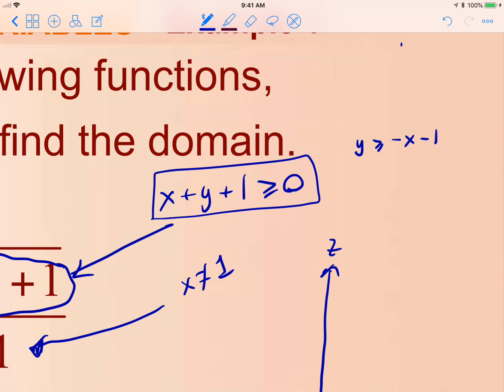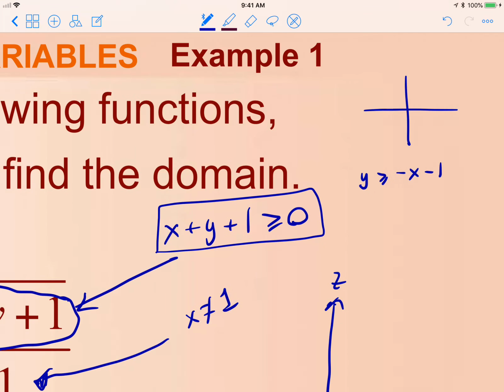This goes back to our Algebra 2, intermediate algebra days. Here's x, here's y. So first I graph y equals negative x minus 1. And then I shade the area above it because I want y greater than or equal to negative x minus 1.